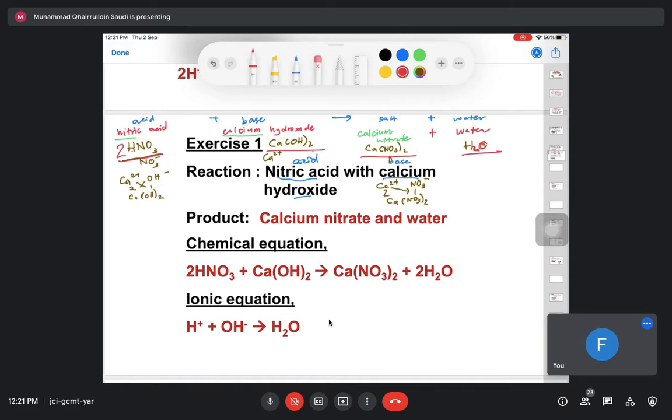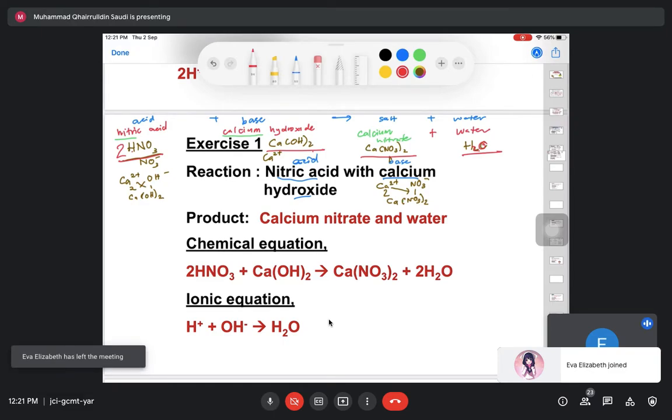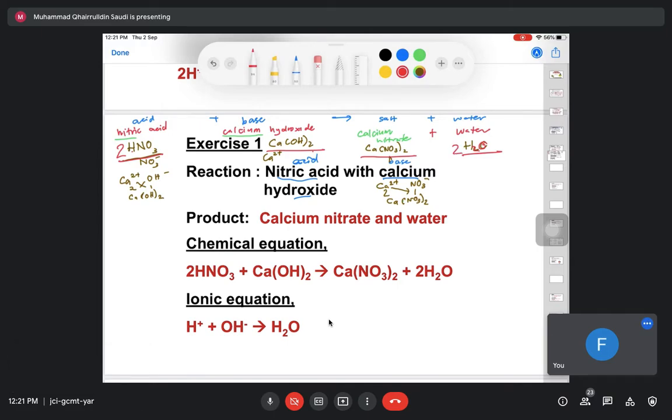Okay. So we have 2H, 2NO3, 1Ca, 2OH. 1Ca betul, 2NO3 betul, 2H, 1 je O. Sini ada 2O. So we will have to balance kan. So 2O, 2H, 2O, 2H dekat sini, another 2H dekat sini, so 4H dekat sini. So dah balance. Okay?